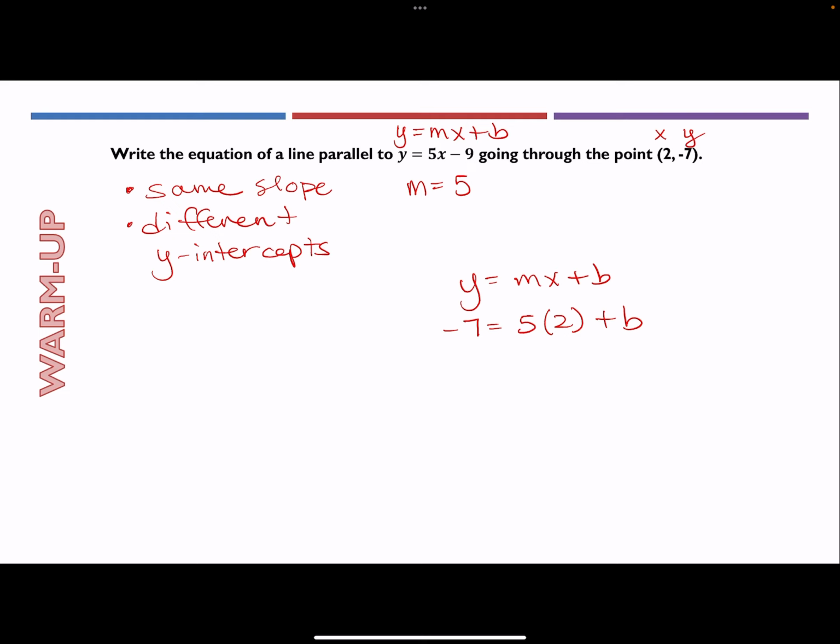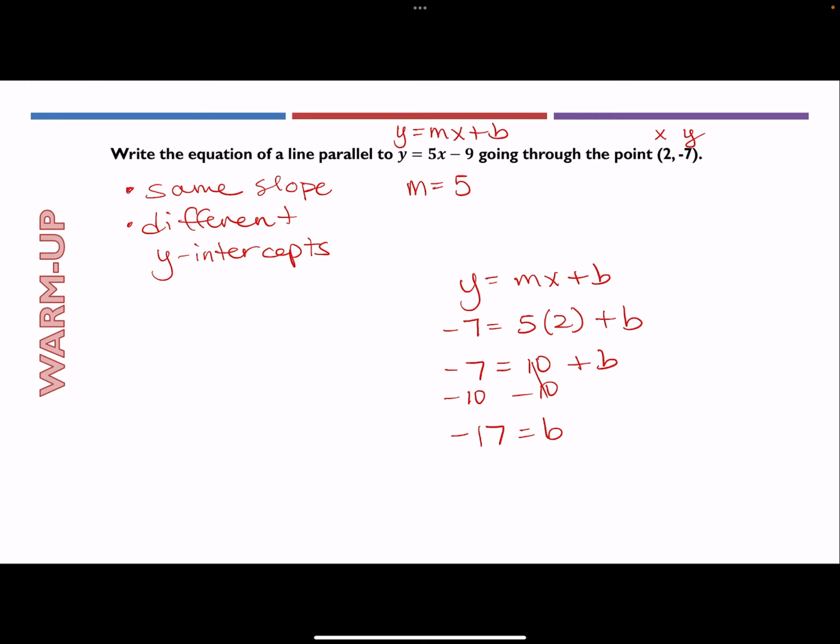So to solve for b, I can just multiply the 5 and the 2 together. So I have 10 plus b, and then solve for b. Subtract 10 from both sides, and b is equal to negative 17.